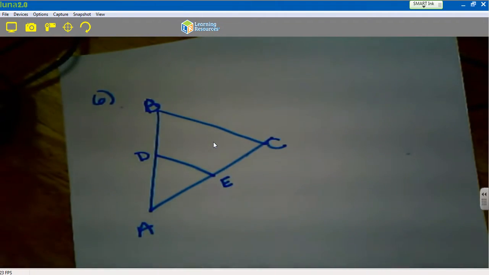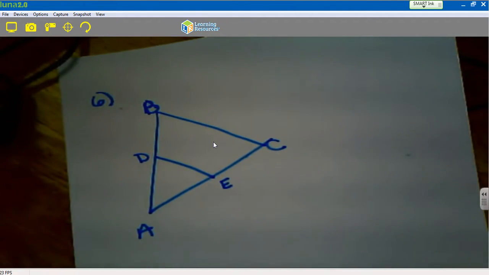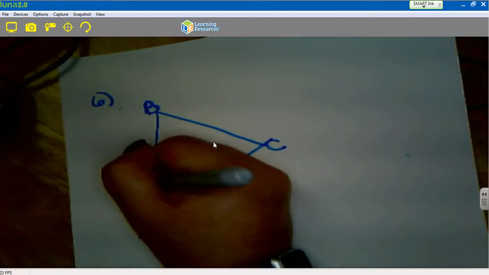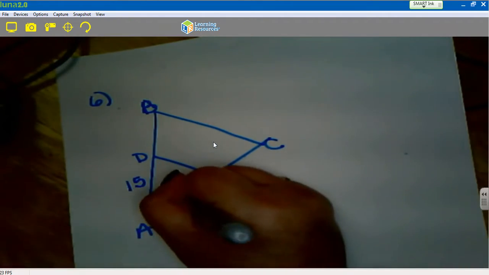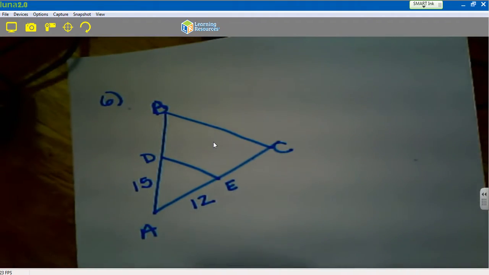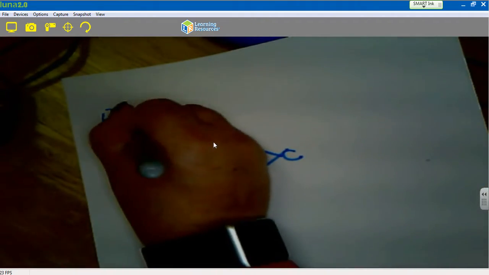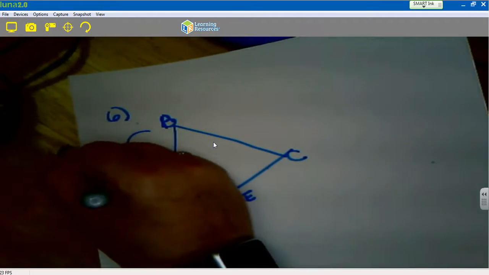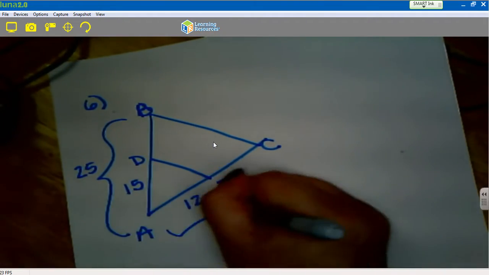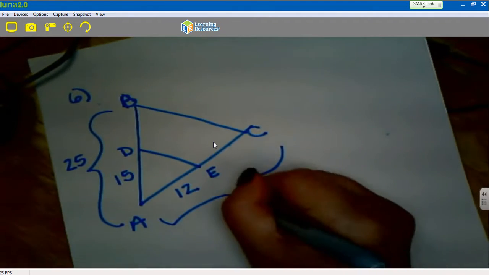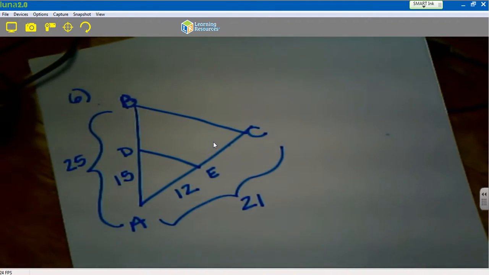And then this smaller triangle ADE. We know from A to D is 15. We know A to E is 12. A to B is 25. A to C is 21.